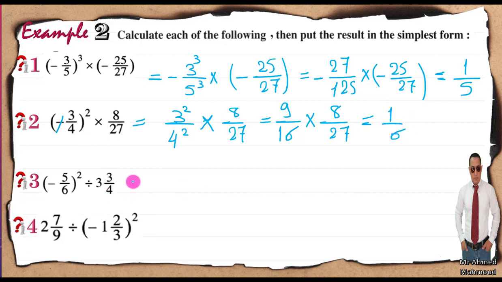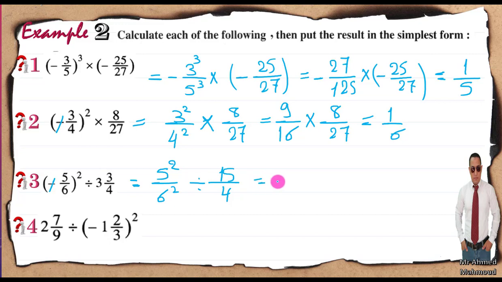Number 3. First, I'm going to skip the negative, so it will be 5 to the power of 2 over 6 to the power of 2, divided by 4 times 3 is 12 plus 3 is 15, or you can change it by using the calculator as I taught you before.